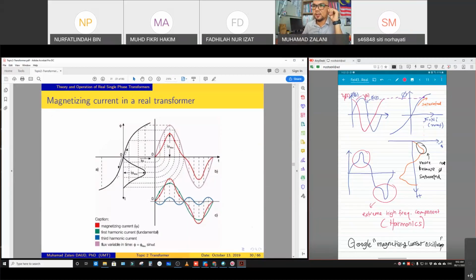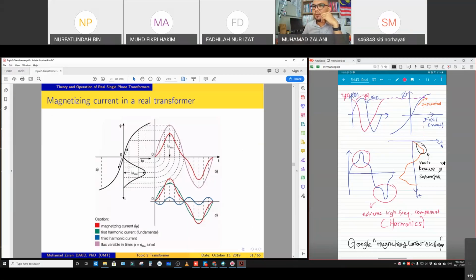This is another figure that explains how the magnetizing characteristics of the flux influence the pattern of the current supplied to the transformer.